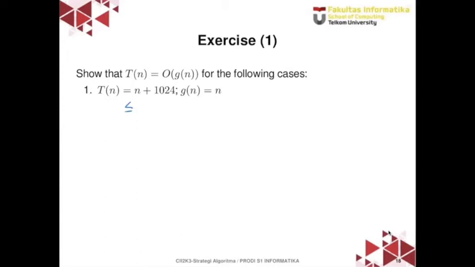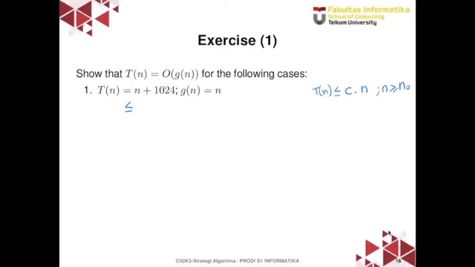We want to show that Tn is less than or equal to C times n for all n at least n0.